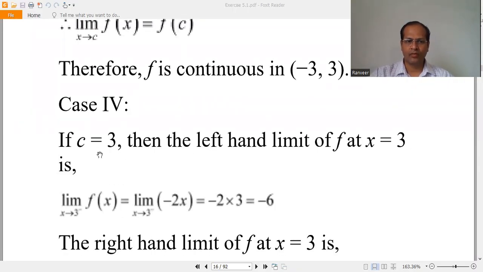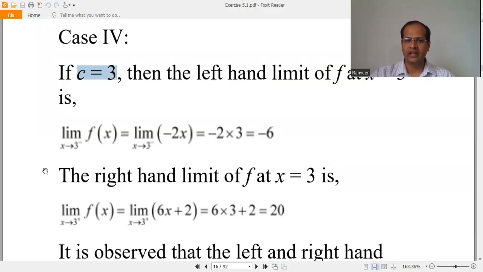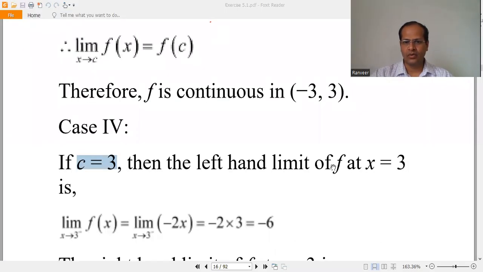So case number 4, if we check c equal to 3, then at c equal to 3 we can find out two values. Whenever there is an equal value we have to find out, in that case we have to check the definition of the given function. At c equal to 3, the function value is at x equal to 3.